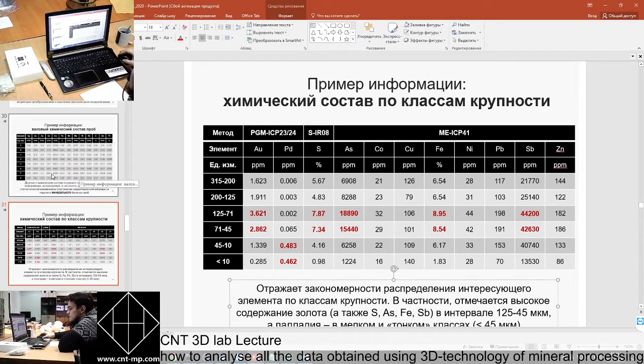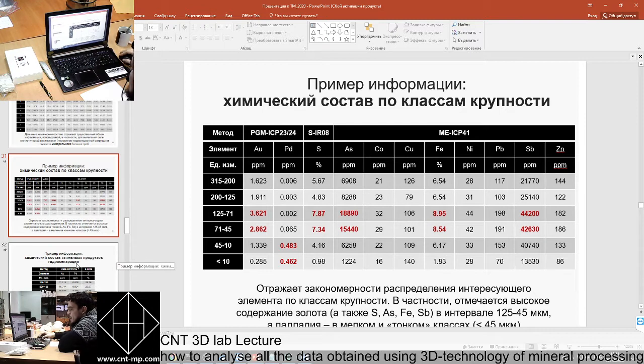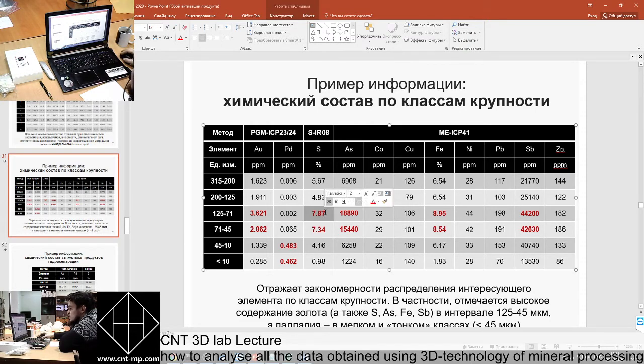What I'm showing you is previous work, previous research on different objects, and the main thing I want to show you is that any kind of data we obtain, we can analyze and pack, make a special packing for every client, exactly what he wants to see.